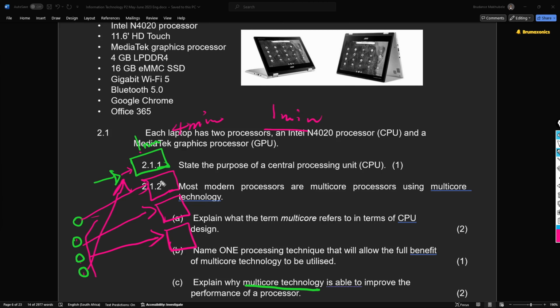So more than one processing core allows multiple tasks or threads to be processed at the same time. And this will definitely improve the speed at which these tasks are being processed, right? And due to the use of multiple cores, every single task will be sped up in terms of being processed and also being completed. I hope that I've explained it accordingly.